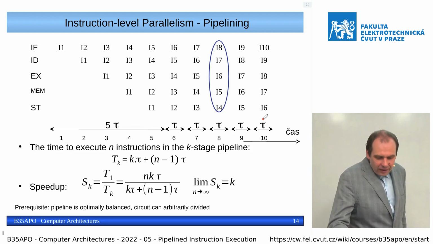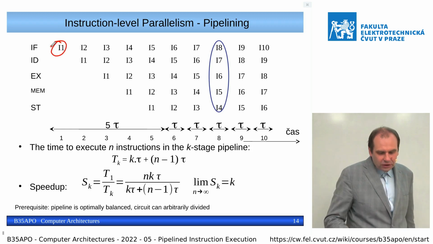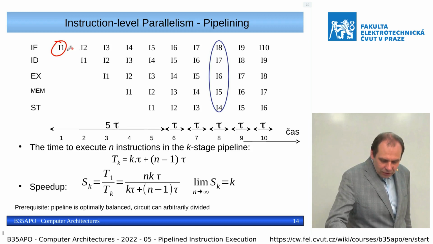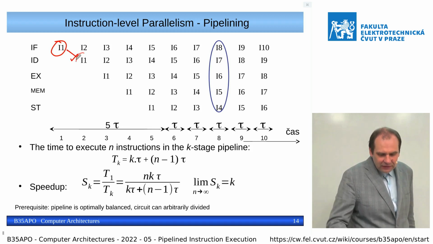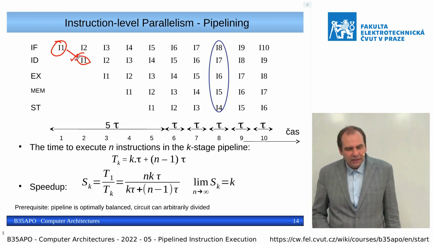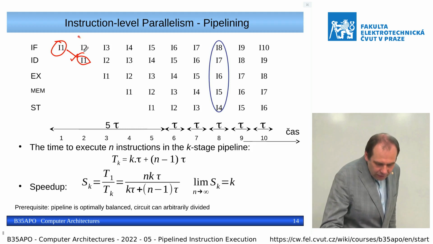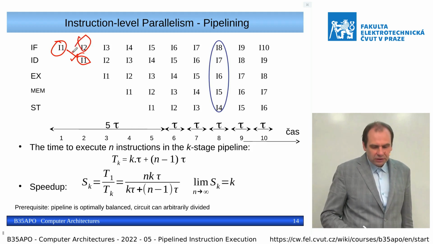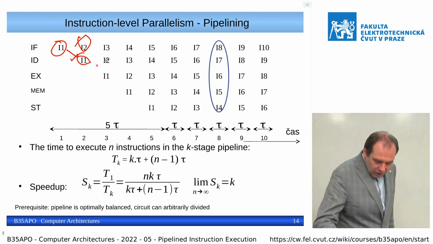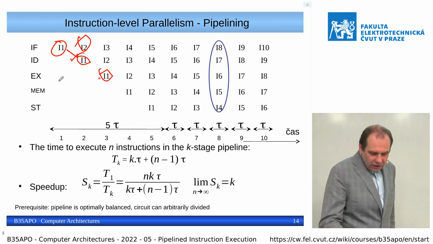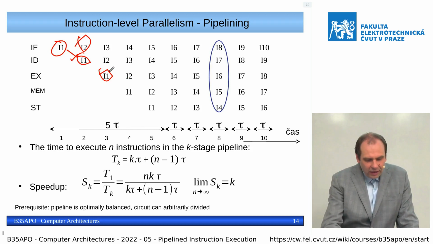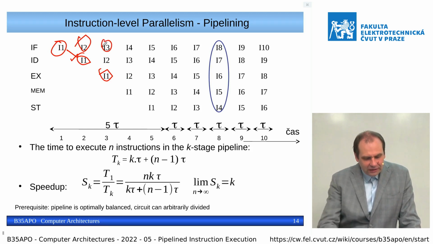So we fetch the first instruction, but we only fetch it and do not decode it. Then in the next clock cycle, we pass the instruction to the decode unit, and in parallel we fetch a second instruction, and so on. The first instruction accesses execution, the arithmetic logic unit, and at this time we fetch the third instruction, and so on.